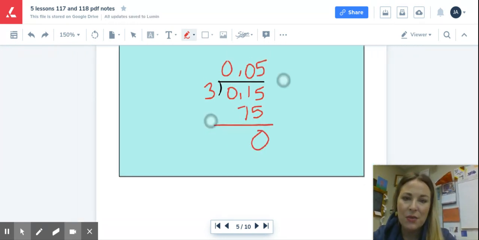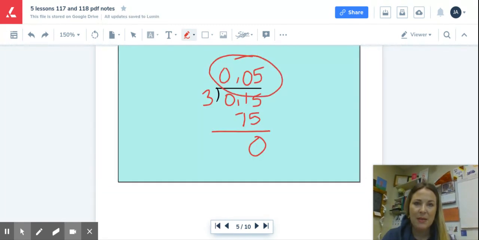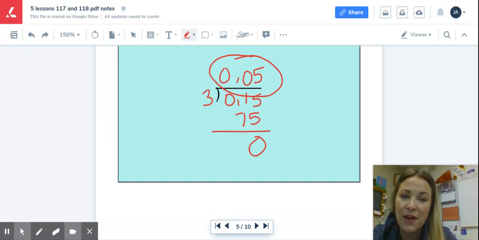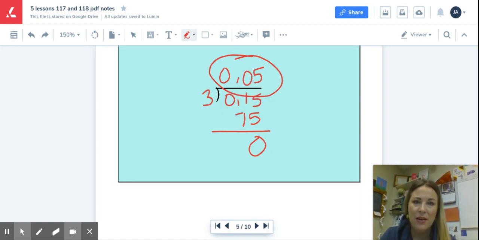I want to caution you, if I were to back up here, after I wrote my decimal there, some of you may have visually looked at it, like, can 3 go into 15? Yes, that's 5, and accidentally put your 5 right here. Can you see where that would be a common error? Putting your 5 right there would cause you to have to continue doing the math here, and it wouldn't be accurate.